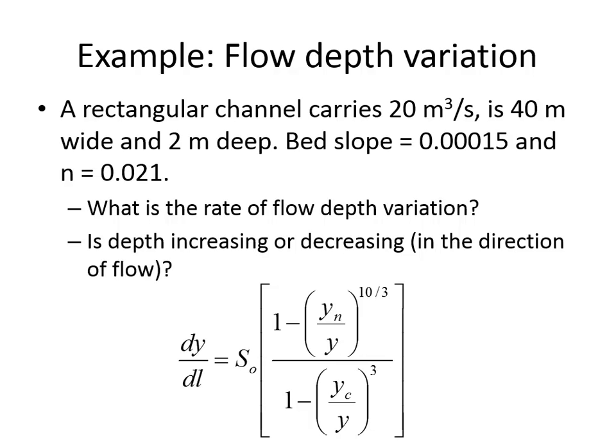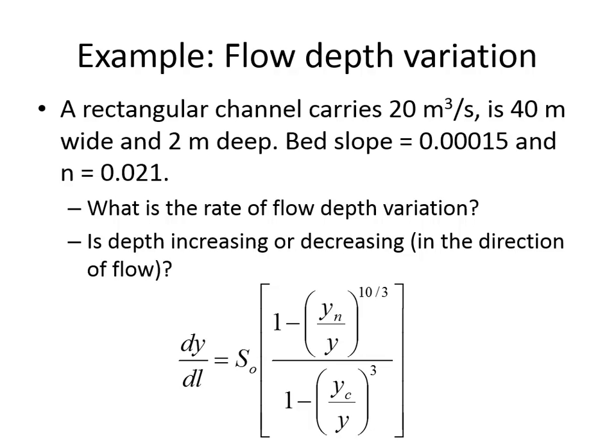All right. So now we can substitute it into dy/dl. It's S naught (1 minus (y sub n divided by y) to the 10/3 power) divided by (1 minus (y sub c divided by y) to the 3rd power).